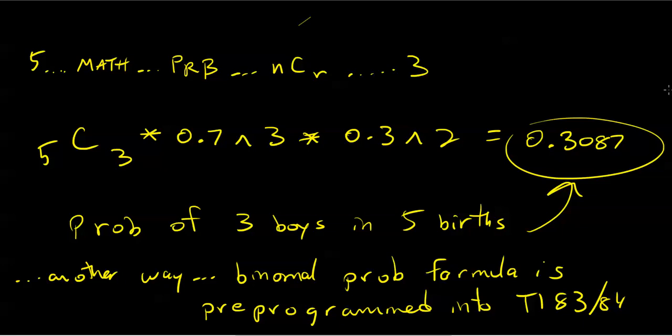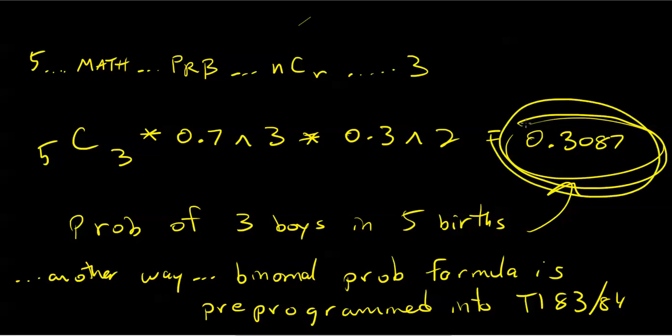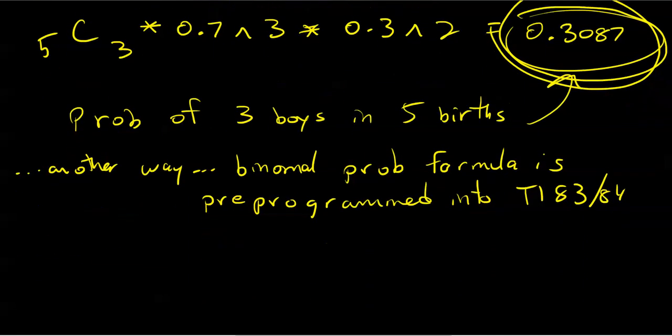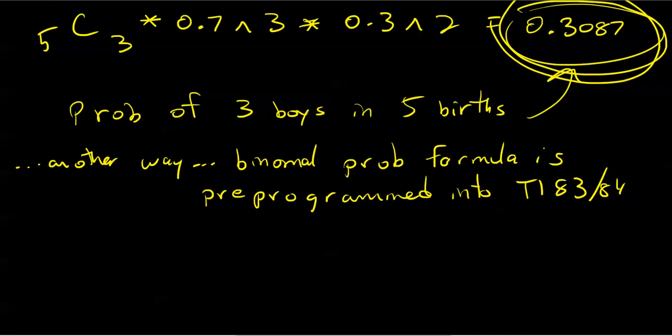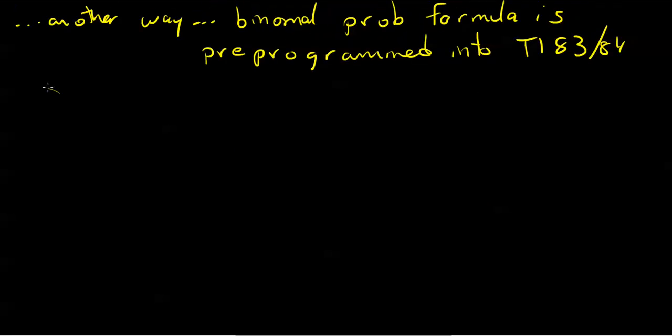Keep in mind that the answer to the example that I gave was 0.3087, and I'm going to show you how to access that binomial probability formula on our calculator. The operator we're looking for in our calculator is called Binomial PDF. It's under the distribution menu.